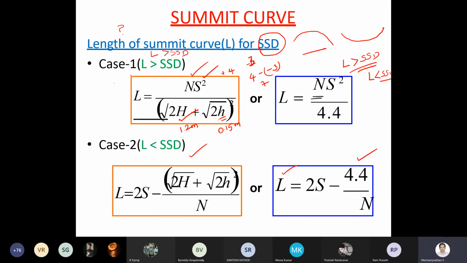If it is confirmed, the length you estimated is the final one. If the assumption fails, we move to the second assumption, for which the equation is given, applying the stopping sight distance and the deviation angle between the two grades, to get the length of the summit curve.